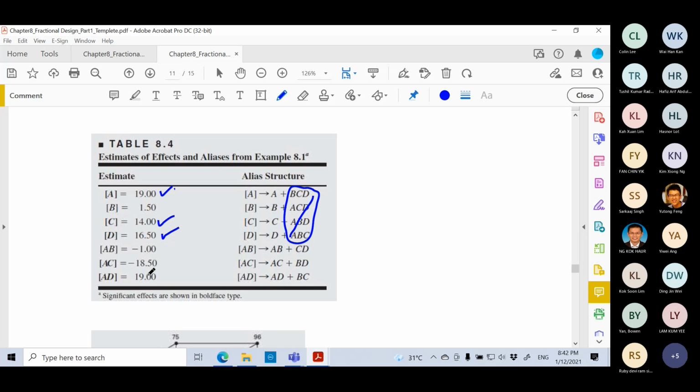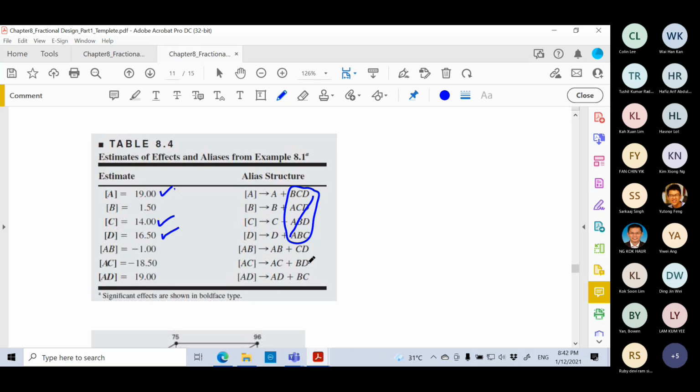But these two will be quite important here. Okay, they are quite high. So these two come from both of them. Okay, because B is not important here, we can say that the main contributor of the AC here, the negative 18.85, comes from AC and BD. But because the effect of B here is quite small, we will think that BD also will be quite small.